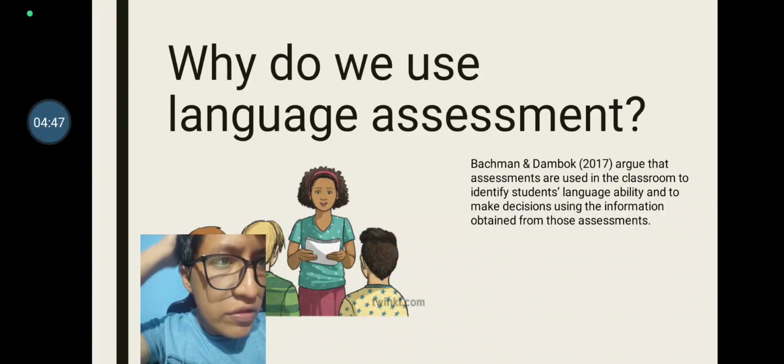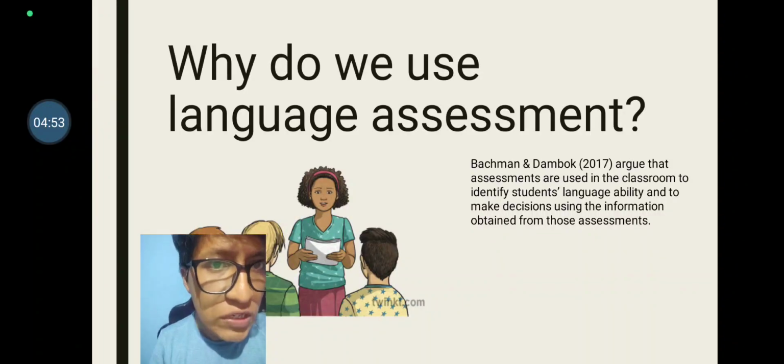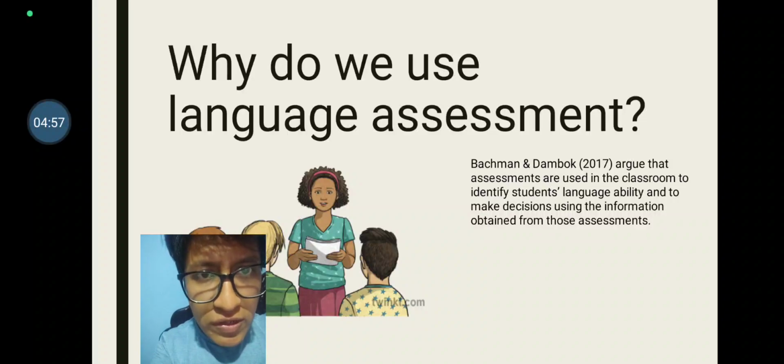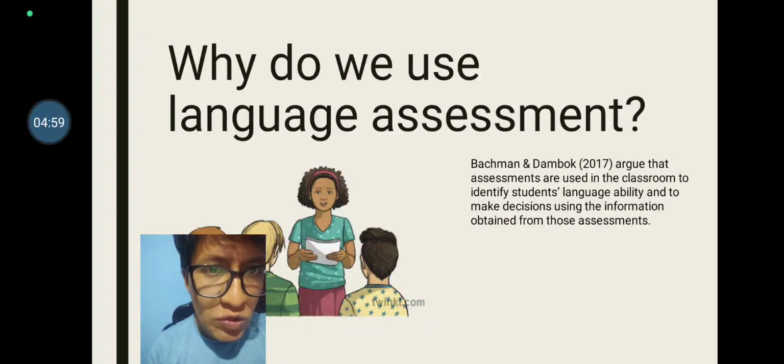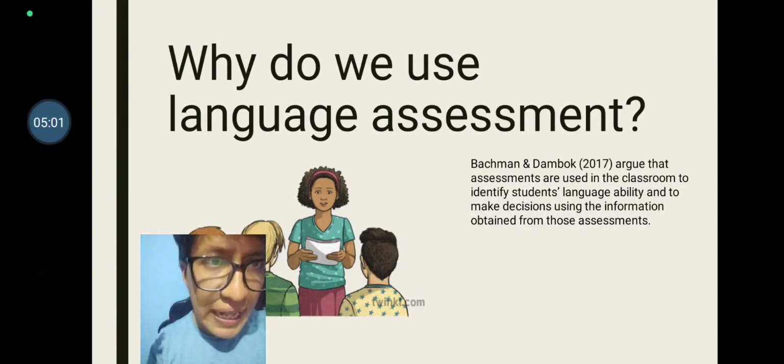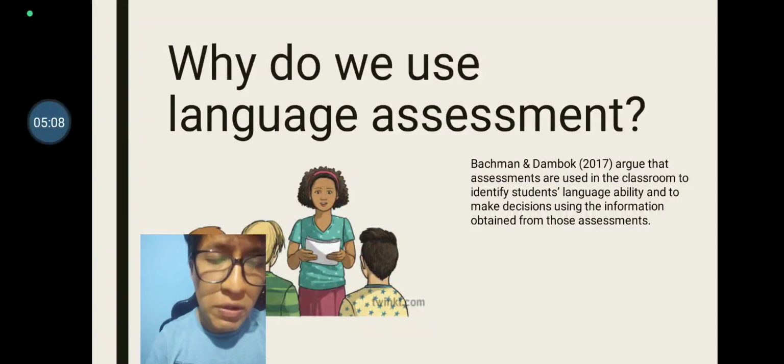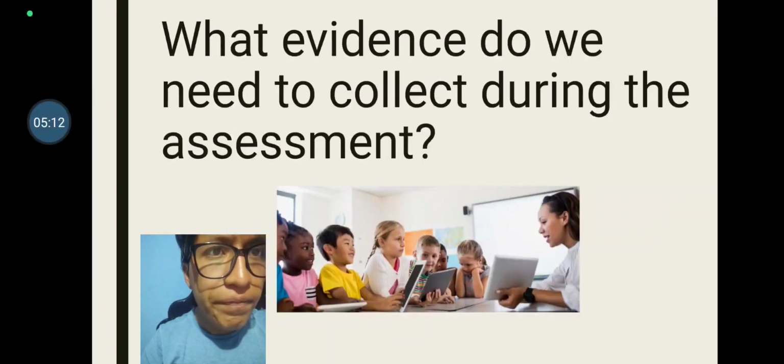And the students, as the reference says, have the ability to, for example, take part in decisions. If the students don't like these decisions, they have the need to tell us, because, as I said before, we need to take the opinion of the learners very seriously. It's so important.